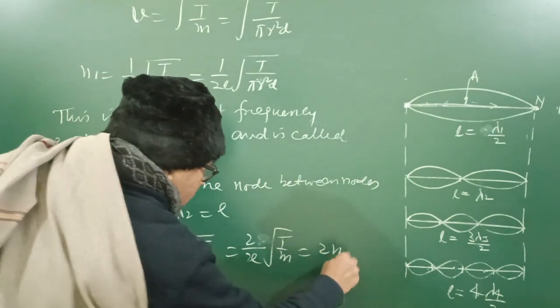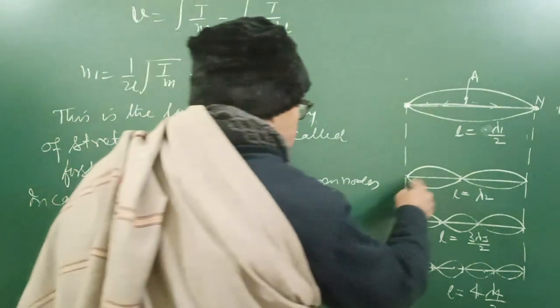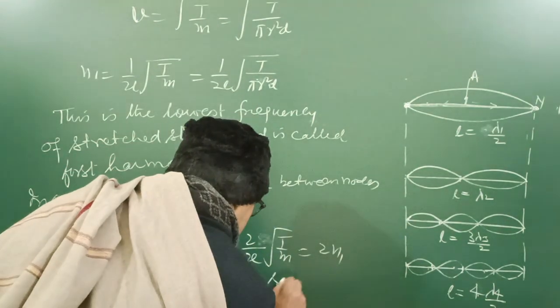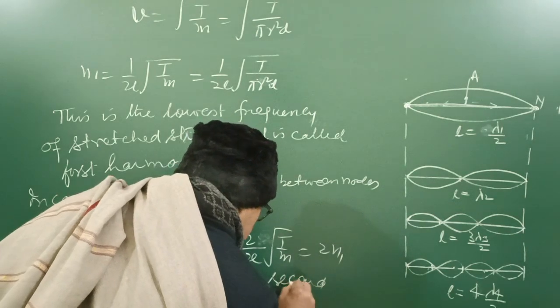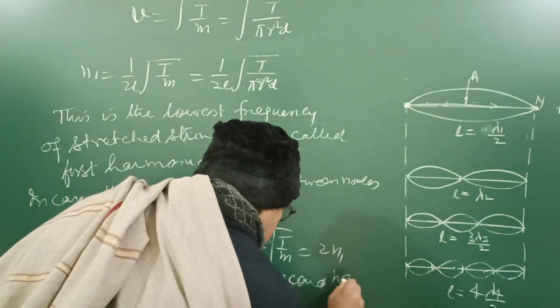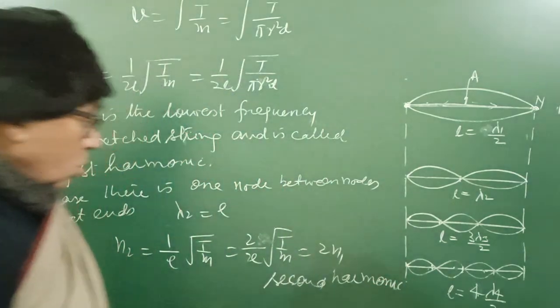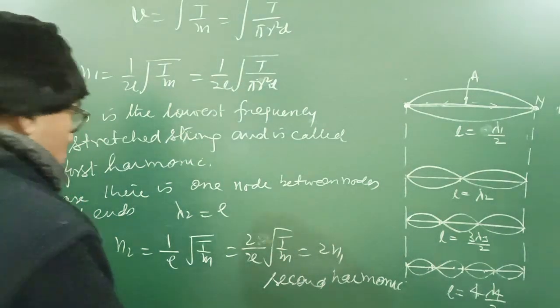Twice N1. This is called second harmonic, or first overtone.